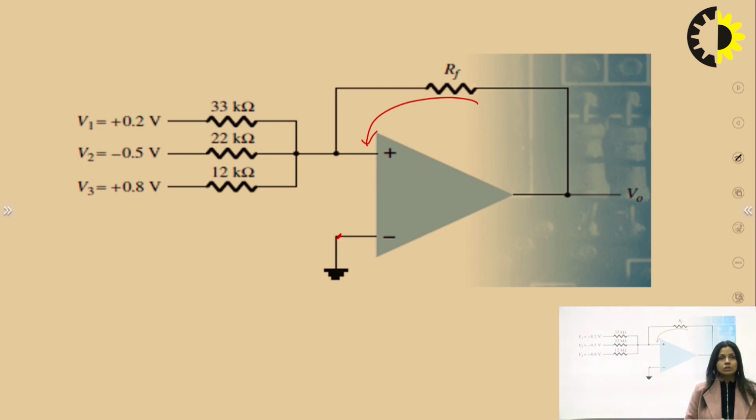So there are two conditions we check: first, that the Opamp is ideal, and second, that RF is connected at the negative terminal. If these two conditions are satisfied, we can proceed with the virtual ground concept and then apply KCL, right? So here this point potential is 0 volt.